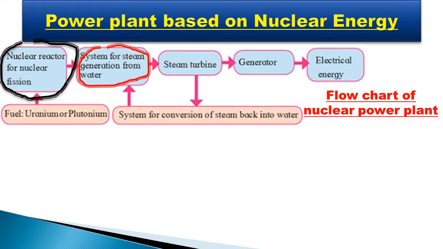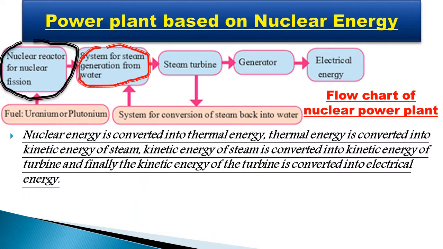That steam is used in the steam turbine, which is connected to the generator, and the generator produces electrical energy. So this is the system by which electricity is generated using nuclear energy.